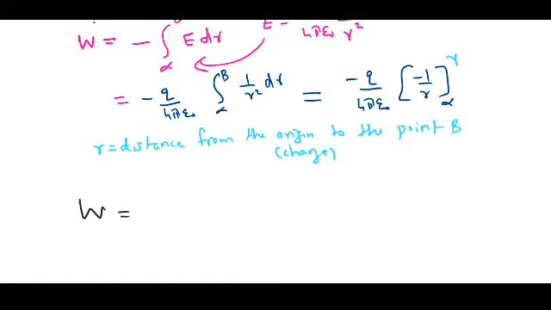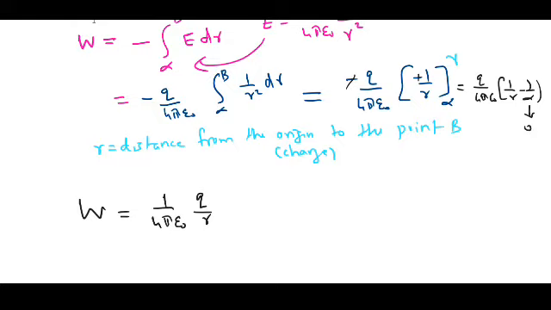Therefore, this work done can be written as, minus and minus get cancelled. So this will be 1 by 4 pi epsilon 0 Q divided by R, because Q divided by 4 pi epsilon 0 into 1 by R minus 1 by infinity, and this term goes to 0.